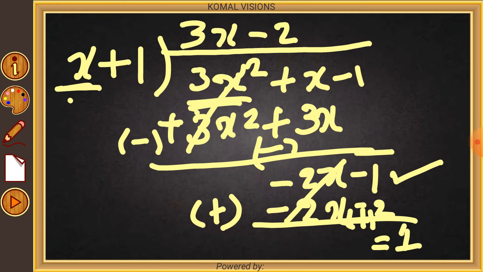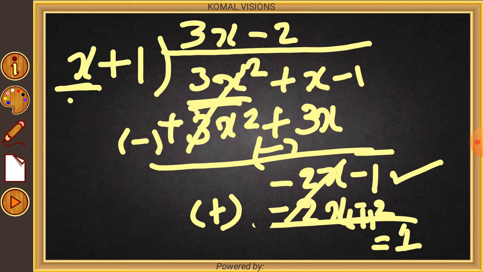Did you guys understand how we should solve polynomial expressions by the remainder theorem? All I have done is make the highest power in the expression the first term, and I rearranged the divisor terms because I want the variable term first there too.